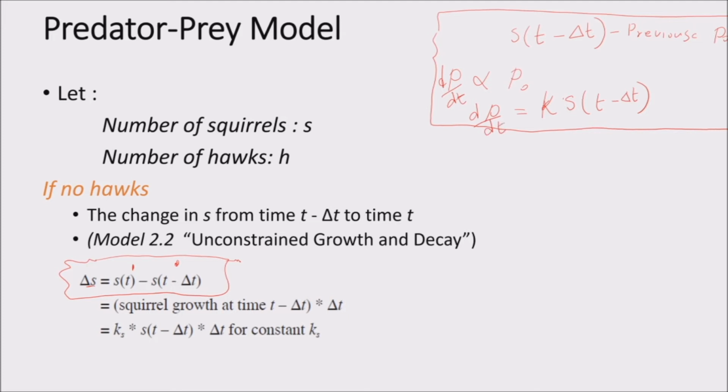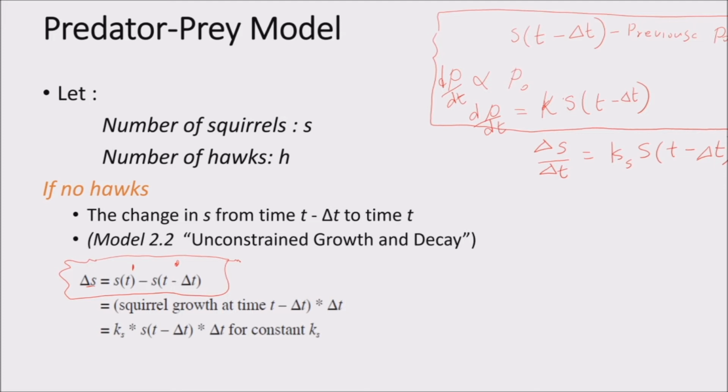On the other hand, I can write this as delta S over delta t equals a constant times the previous population. So this is the actual equation, like this.